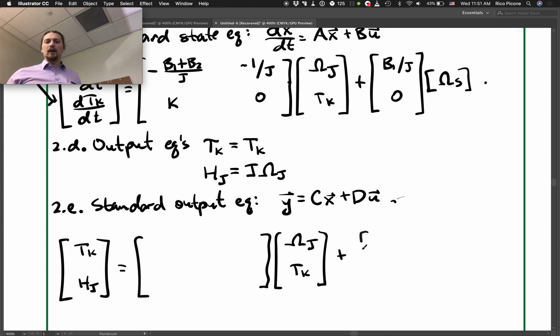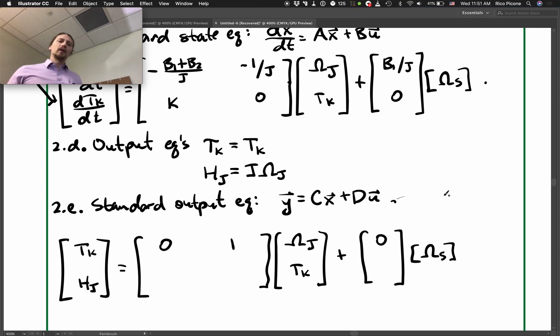And this D matrix must return a 2 vector and operate on a 1 vector, so it's a 2 by 1, operating on omega s. To fill this in, from the first equation, Tk equals Tk. So Tk equals 0 omega J plus 1 Tk plus 0 omega s. And HJ is equal to J omega J plus 0 Tk plus 0 omega s.